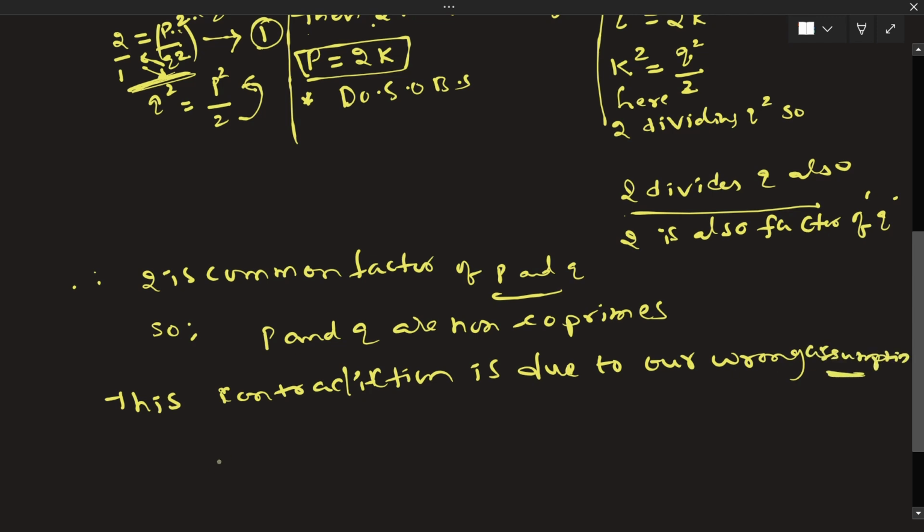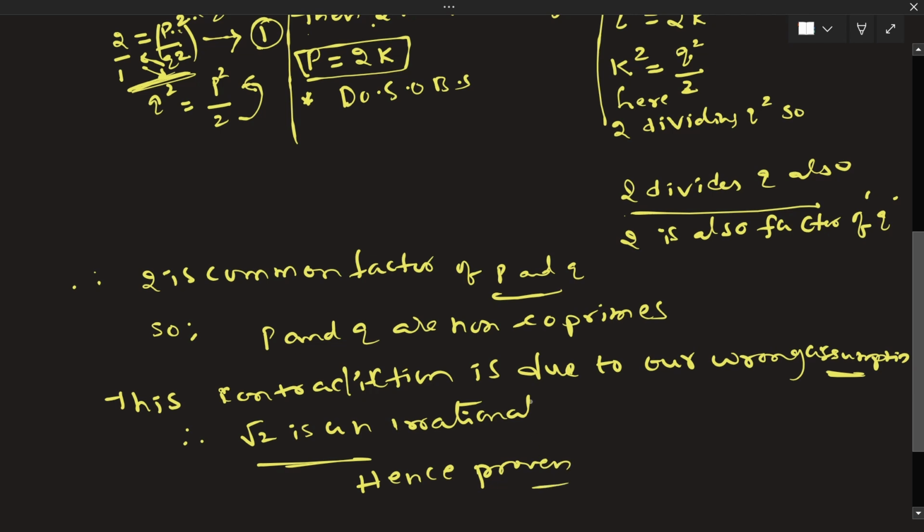So our assumption being wrong means the given statement is true only, no? Therefore root 2 is irrational. Root 2 is irrational. So this is the procedure when we get a single irrational number, students. So the proof will be finished by this statement, hence proved.